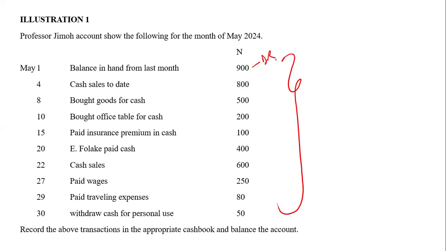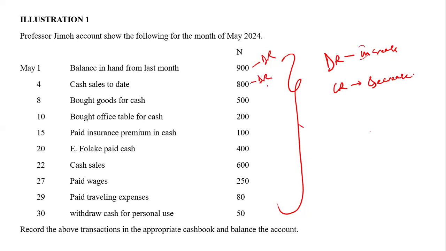When you make cash sales, it means the cash of this entity, Professor Jimo's account, is increasing. And we also said when it's increasing, let's remember our rule: debit when the account increases, credit when it decreases. So in that case, when cash sales is increasing, it goes on the debit.